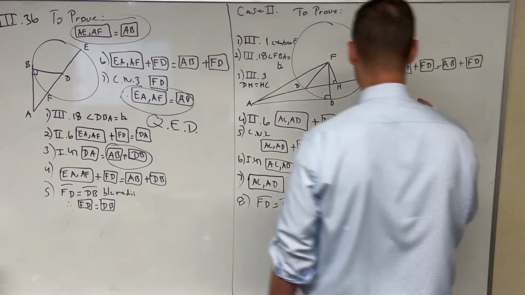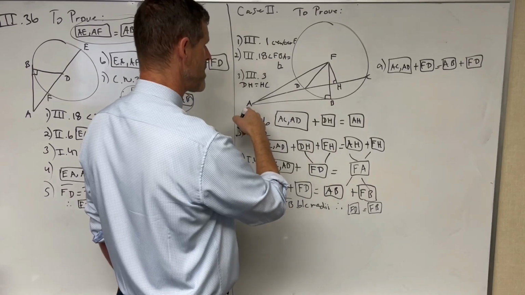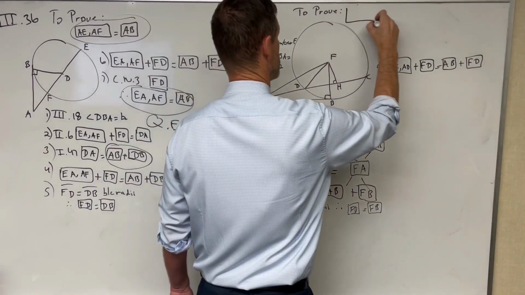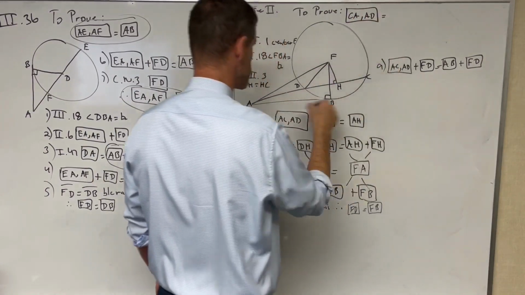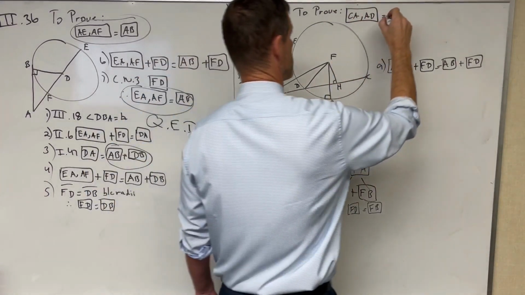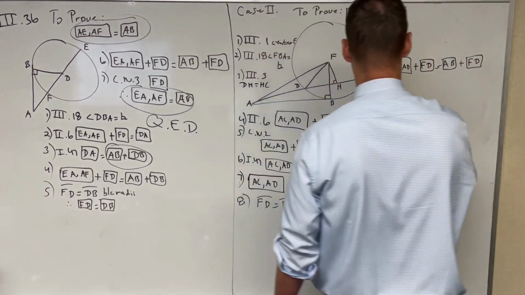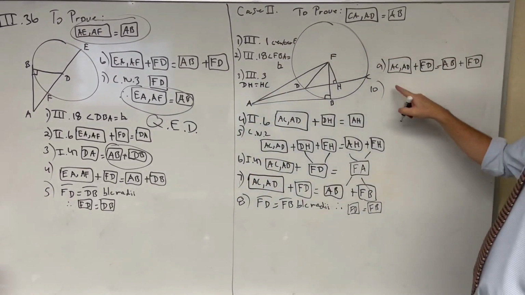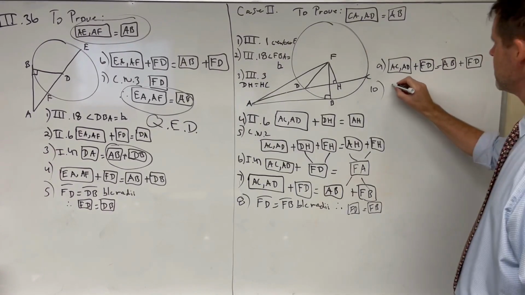And now I'll write up our to prove. I didn't do that from earlier, but our to prove is that this rectangle CA, AD is equal to the square on AB. I'm going to apply common notion 3 to this equation in step 9, and we're going to subtract the square on FD from both sides.